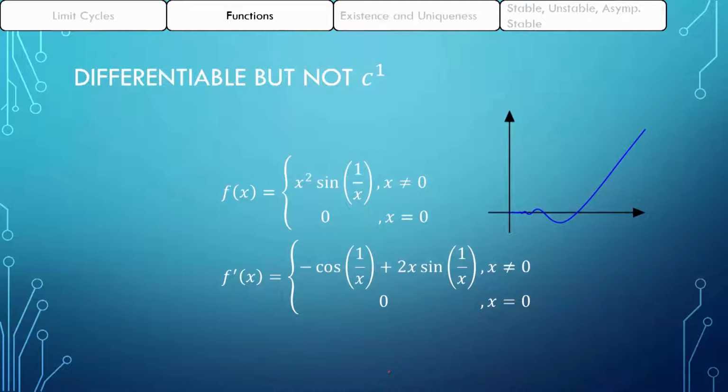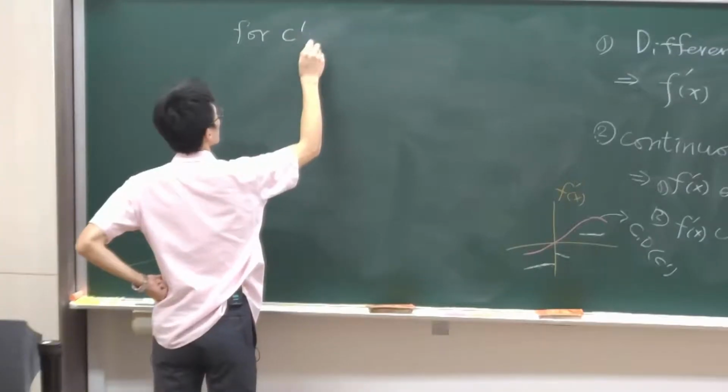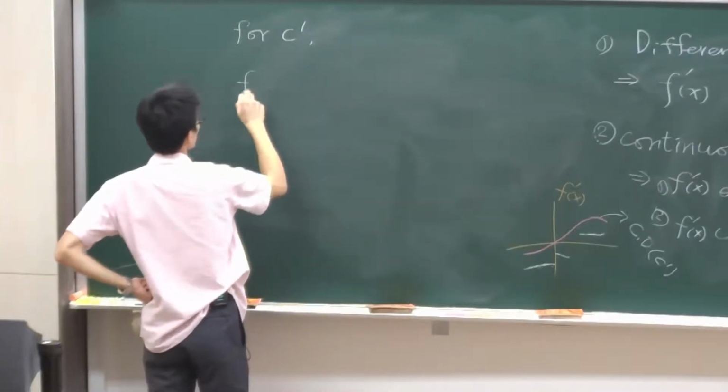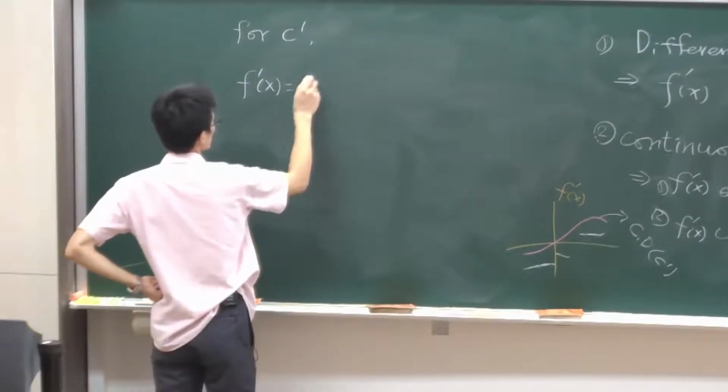If you take 0 plus, it's very close to 0, so it's continuous. But when you take the time derivative, and if you substitute 0 to here, what will you get?